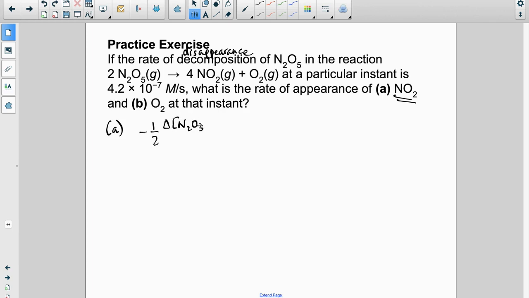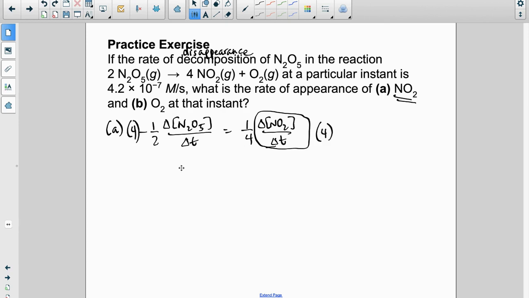So I can write this down: a quarter of delta NO2. Now what I want to find is my rate of appearance of this. If I multiply both sides by 4, I can isolate that, and I will have minus 2 times delta N2O5 over delta T, and that will equal my delta NO2 over delta T.